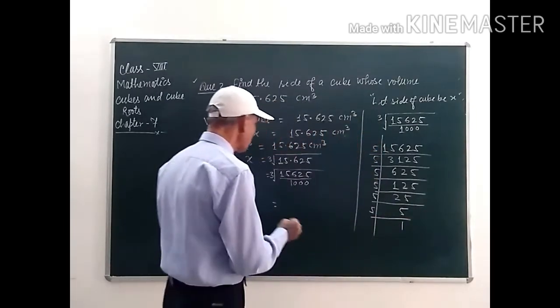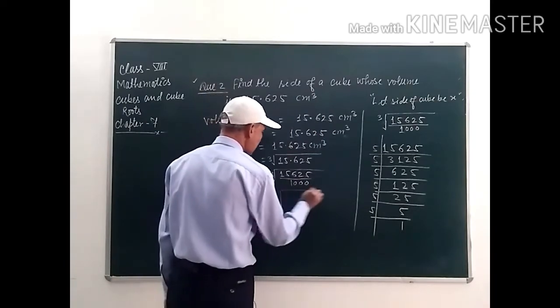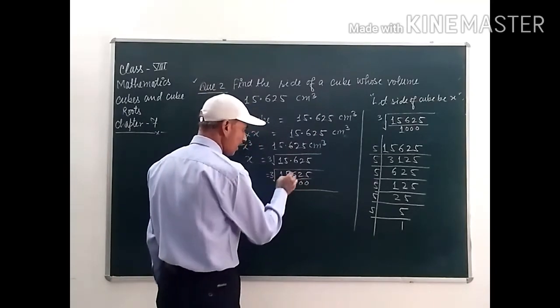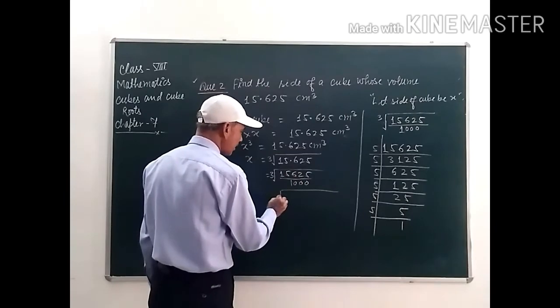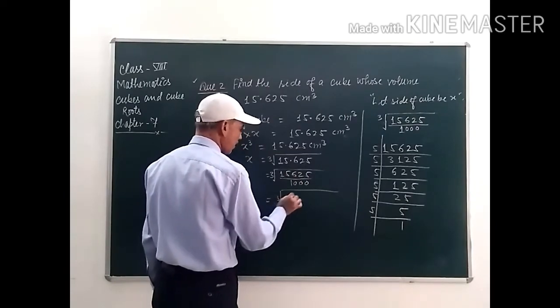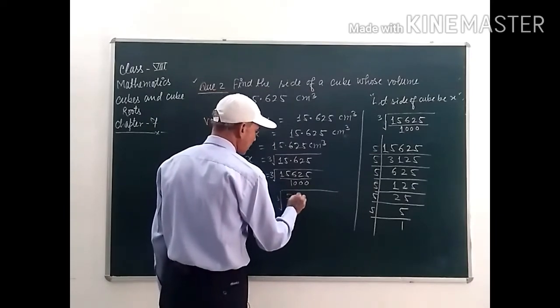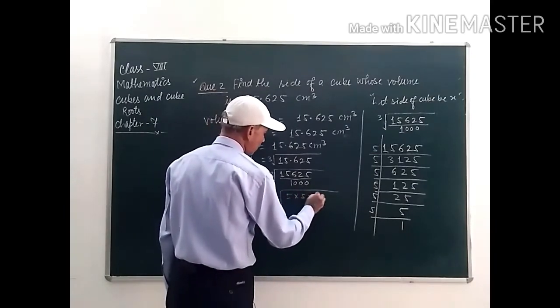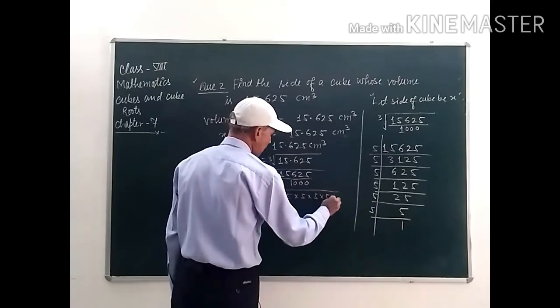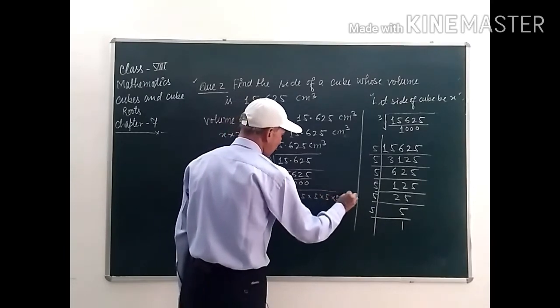Okay students, so the prime factors of the first number, the numerator, are 5 into 5 into 5 into 5 into 5 into 5.